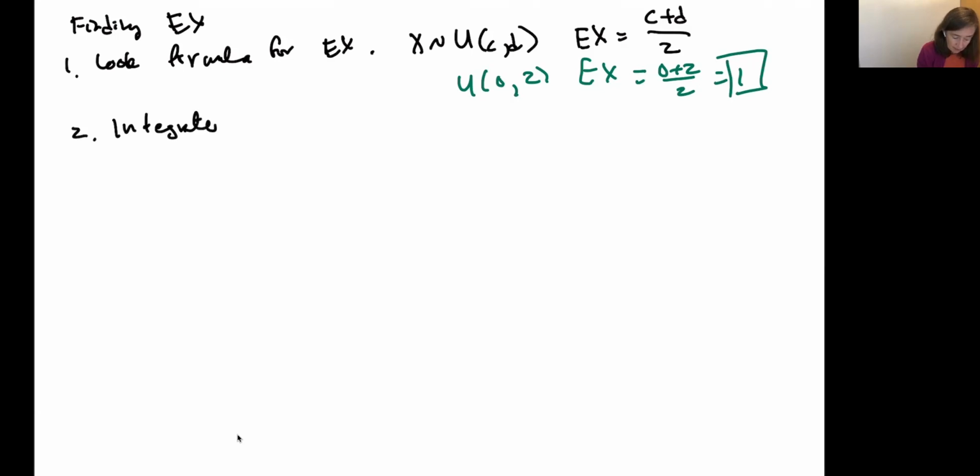Okay, and so yes, we are integrating the PDF with respect to X, but we've got the X in there. So what makes the expected value integral different from the CDF integral is this X. Okay, let's really belabor that.